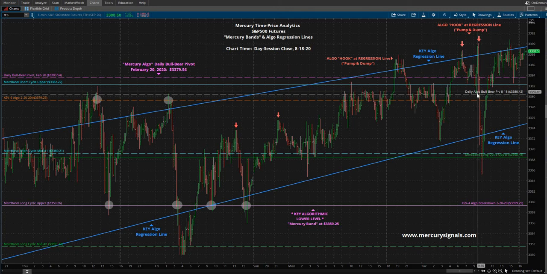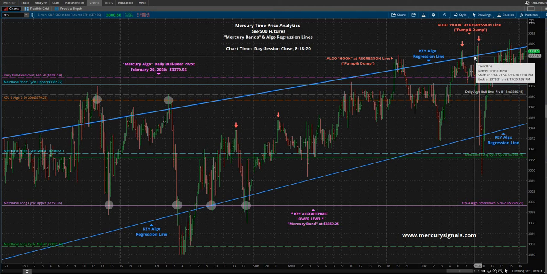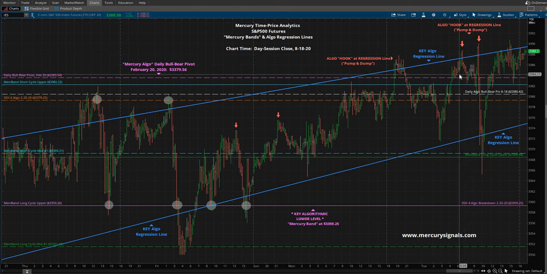So right off the open, you get this move up to 33.90, run some stops above the algo regression line. Now, these algo regression lines, this is where the institutional algos set the traps. When you get these moves above the regression lines, what the algos do is they run the stops, and quite frequently they reverse.